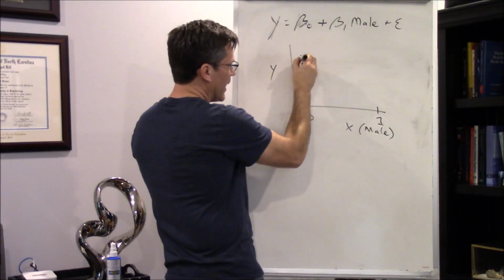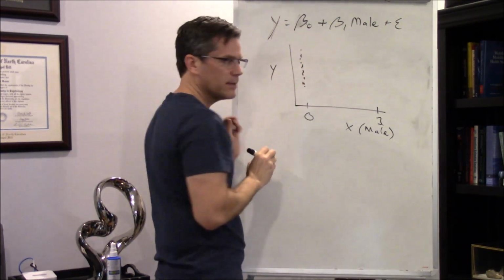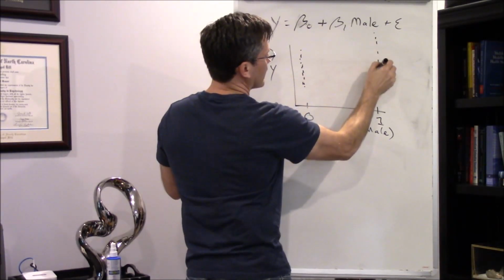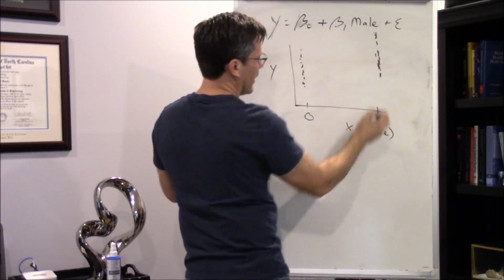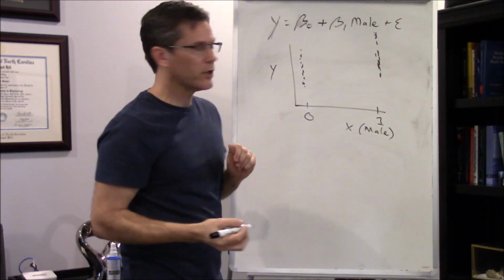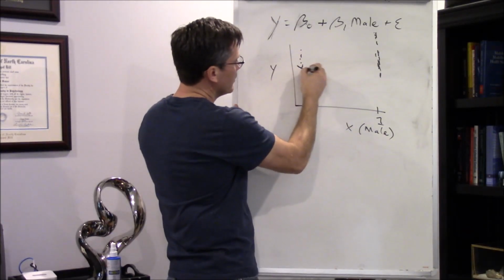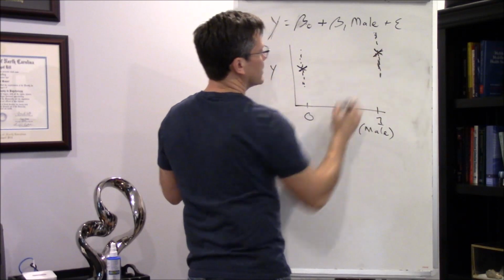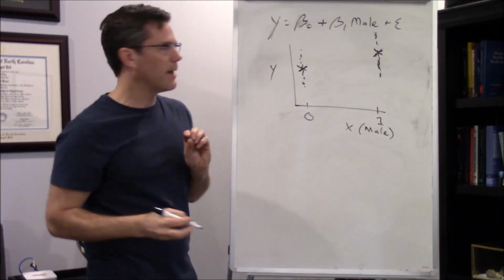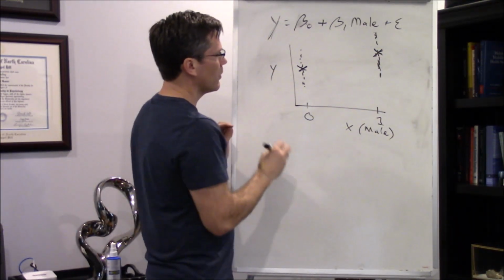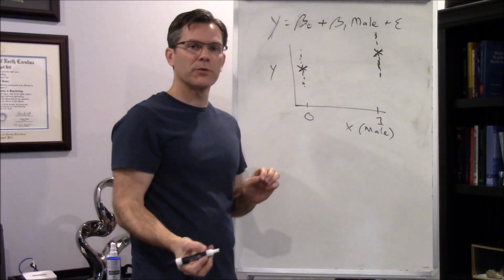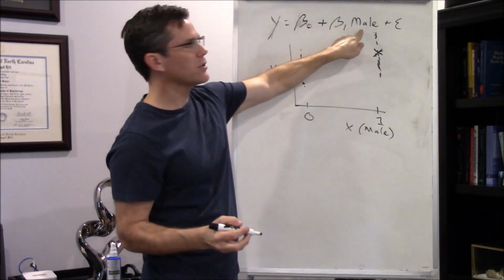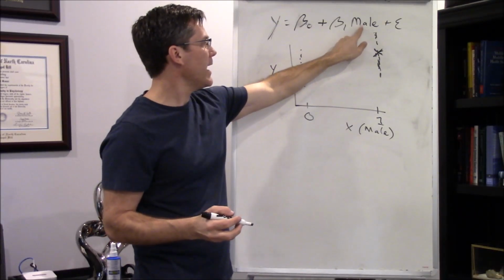And we have a scatter of dots at 0 for the girls, and we have a scatter of dots at 1 for the boys. Right? And right here is the mean of girls, and right here is the mean of boys, and we're interested in that mean difference, right? Well, remember what your regression slope is: it's the change in y you expect to observe for a 1-unit change in x, right?